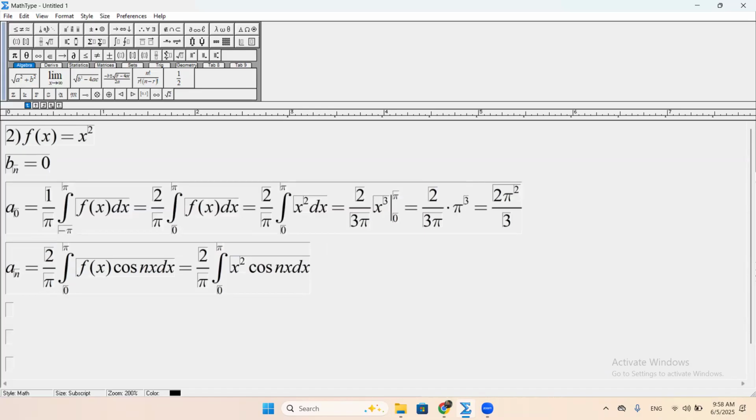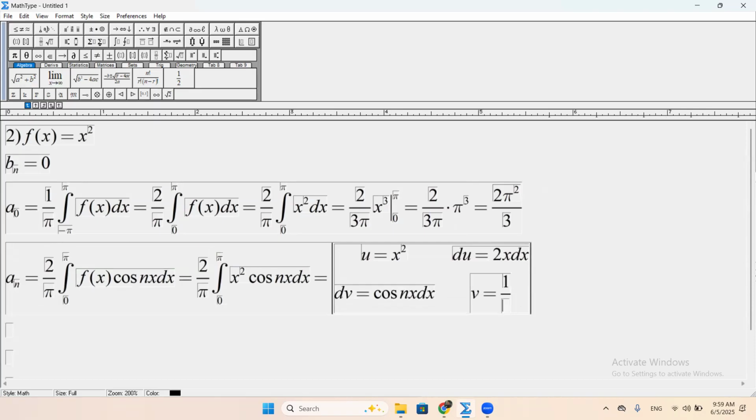So u equals x squared, du equals 2x dx, dv equals cosine of nx dx, and v equals 1 over n sine of nx.